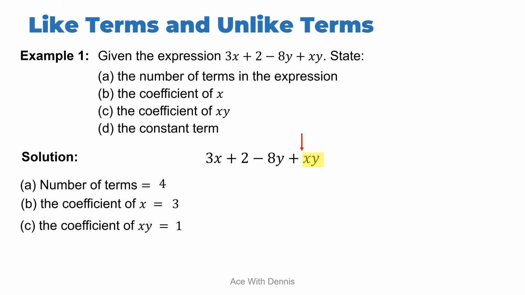Even though there is no number in front, it is considered as 1 because 1 times xy is xy. Now, let's check. The constant term is 2 for this case.